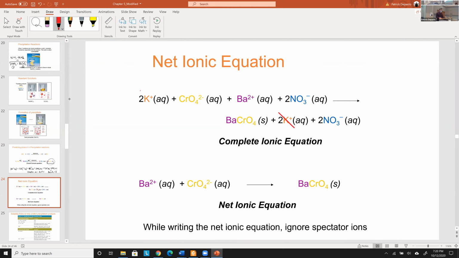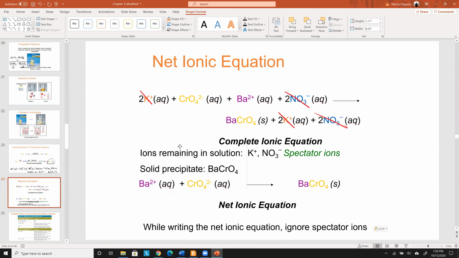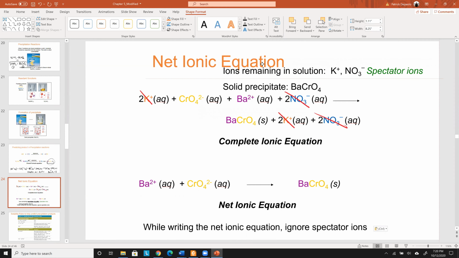That goes away. You have chromate. Oh, you don't have chromate by itself here. That stays. Same with barium. You have Ba2+, barium chromate. And then you have the 2 NO3-. That would cancel. The things that we just canceled are called the spectator ions. Perfect. That was a perfect cut and paste.